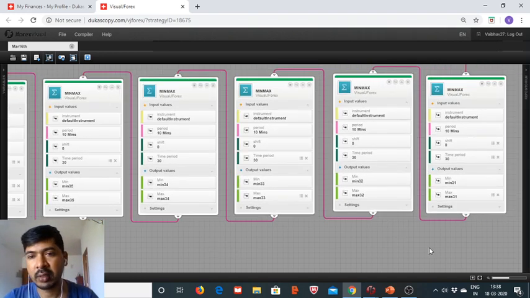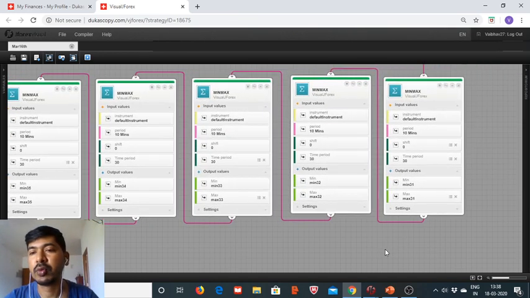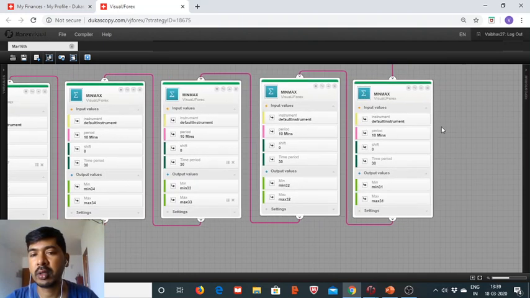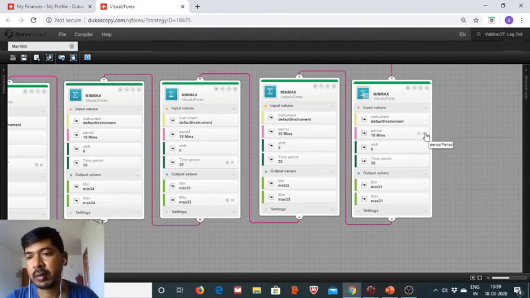Now we change this time period to 5 minutes each, and we convert this 30 to 48. The instrument is default EUR/USD, it's okay. Let's change this value to 5.